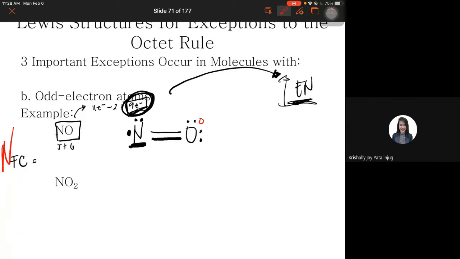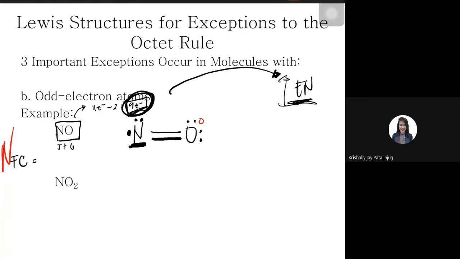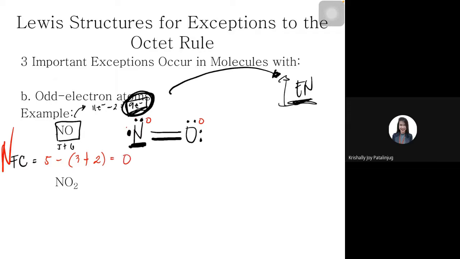Let's check. Nitrogen's valence electrons, 5. Minus, does it have lone electrons? Yes, 1, 2, 3. Plus, does it have bonds? Yes, 2. What is the charge? It has no charge here. So this is the stable binding state of the two atoms in the molecule nitrogen monoxide.